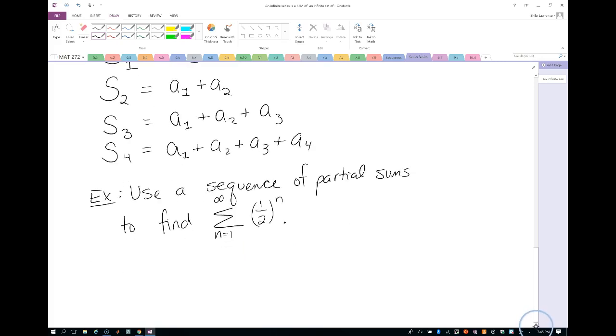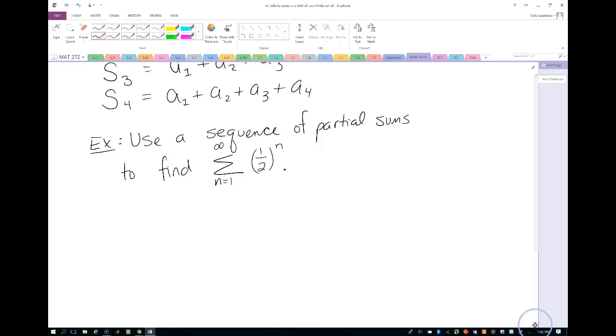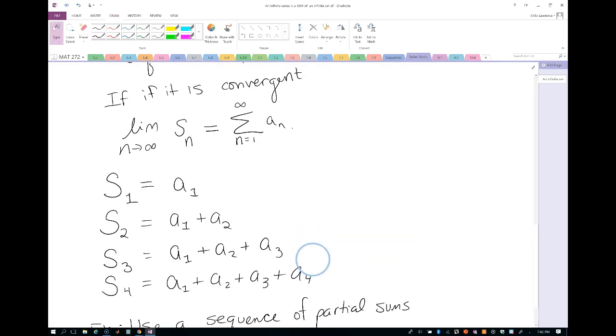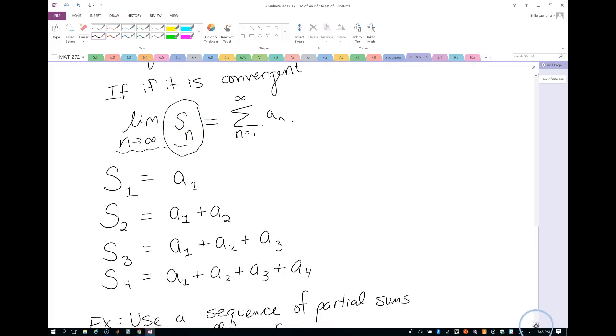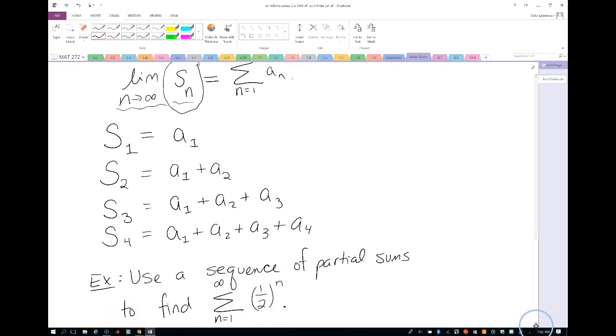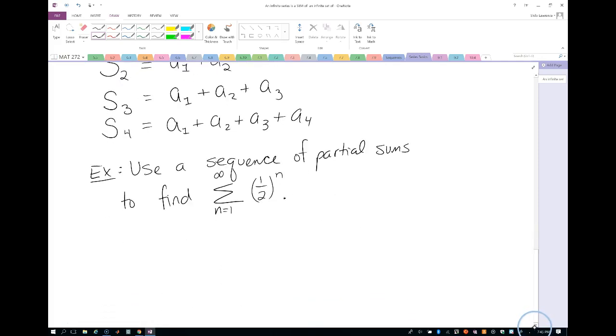Now, some of these partial sum problems are really tricky because once we generate this sequence, we won't be able to answer the limit part of the question unless I can take those individual terms and figure out the pattern for the partial sums. So let's try this one. This one should work pretty nicely.